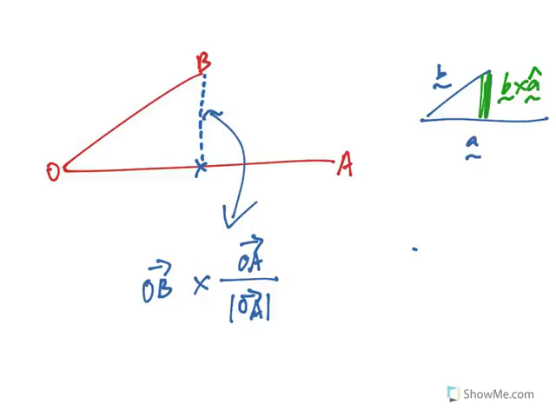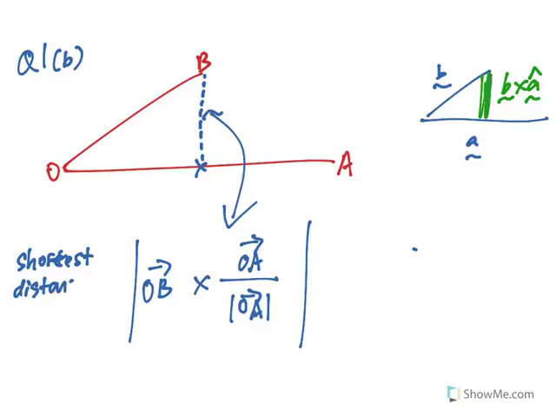What are we finding, vector or length? So I should mod it. This is question 1B. Shortest distance, so I present the shortest distance from B to OA.